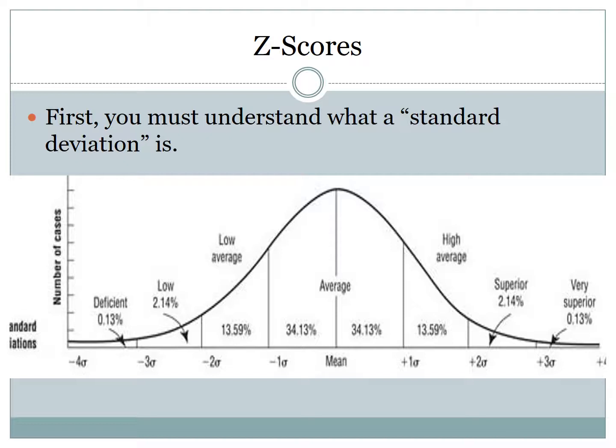Similarly, if you go to the second line above the average, you'll see another 13.59% scored between 1 and 2 standard deviations above. And that would be called high average, by the way. And if you go to the third line, you see that only 2.14% scored between 2 and 3 standard deviations above.